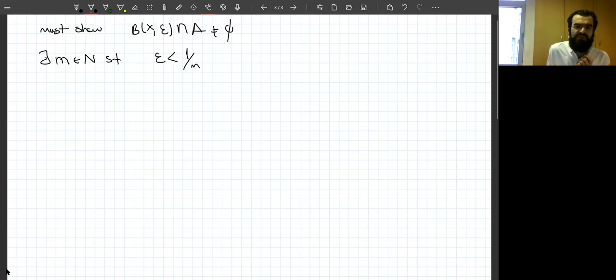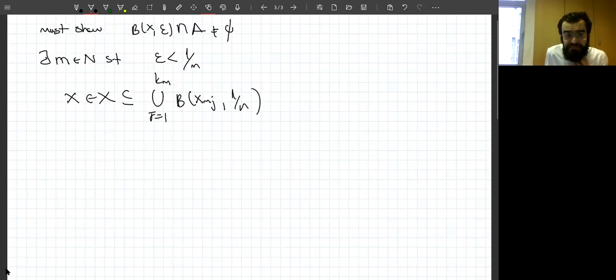Then we know x in X, and X is a subset of the union over j equals 1 to k_n of B(x_nj, 1 over n).